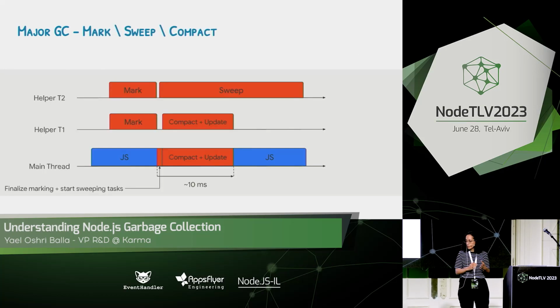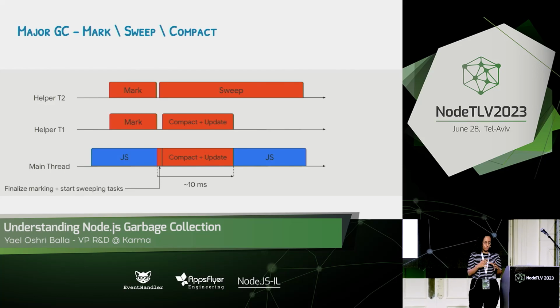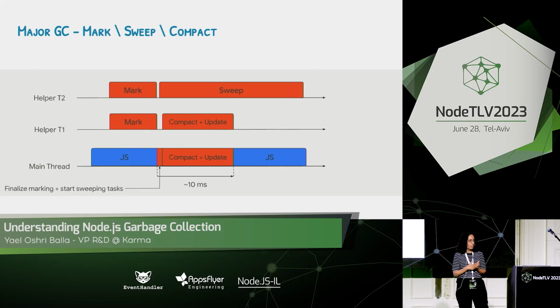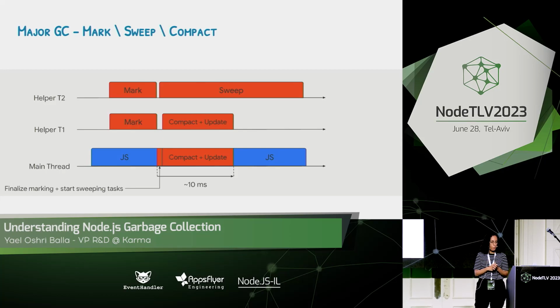So this is a summary of how the major GC works. First, the marking is started concurrently to the JavaScript execution. V8 is always validating the memory status, and when it feels there is memory pressure and we will soon need to increase the memory, it kicks in the marking.